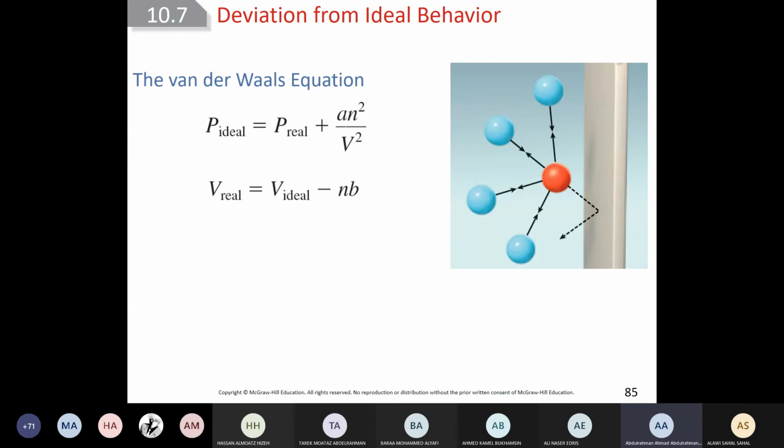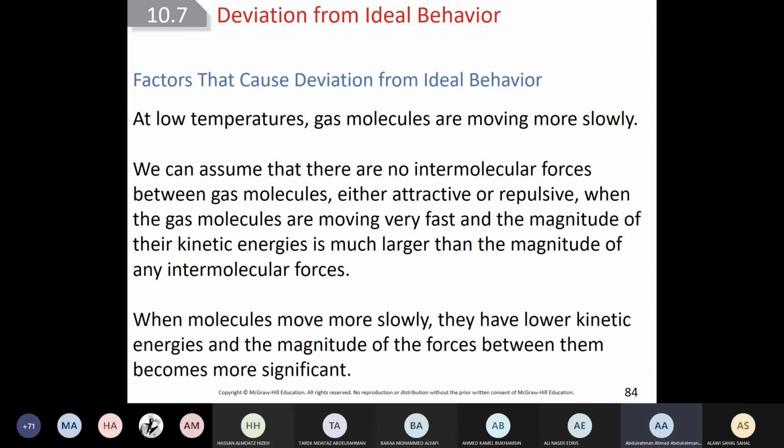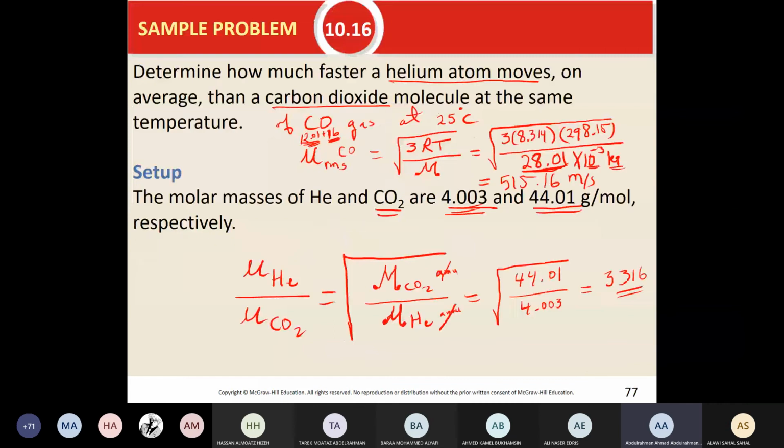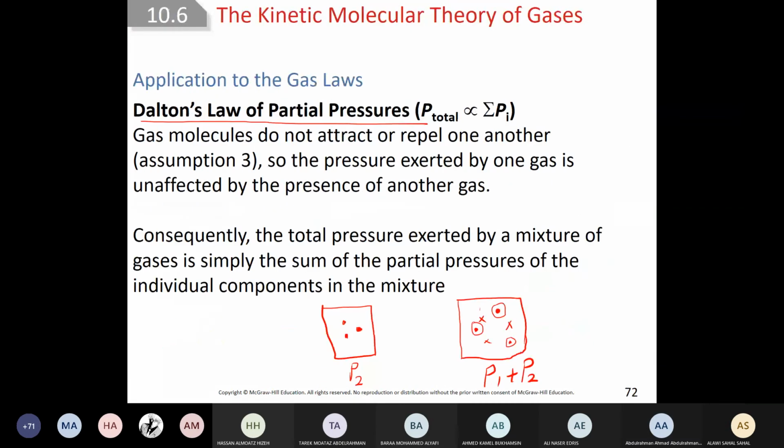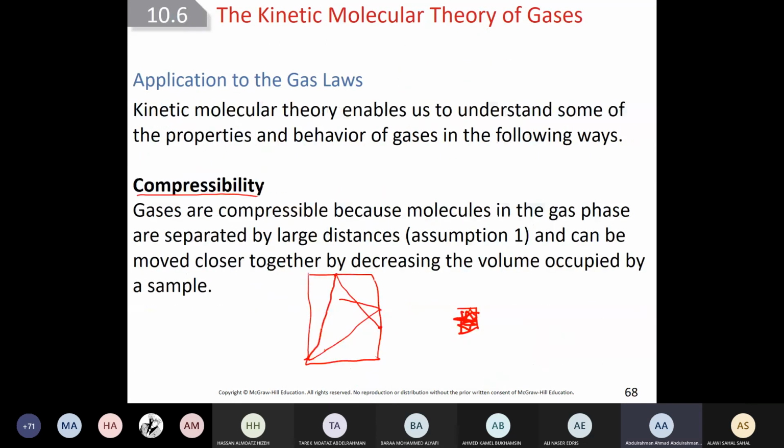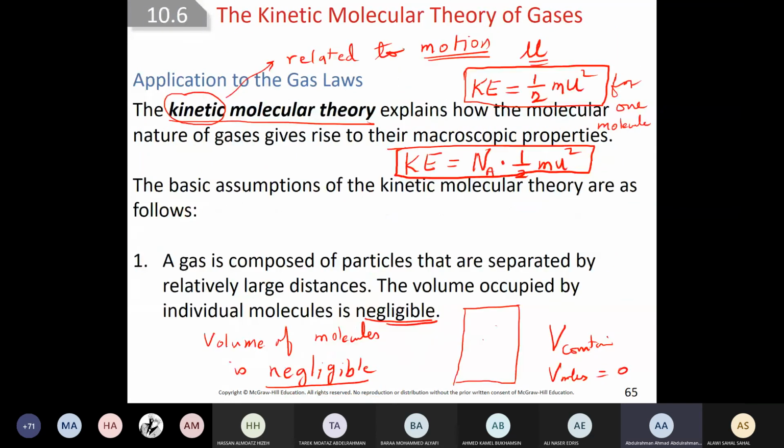The molecules will be close to each other, and if you remember, we said in the beginning that in the ideal gas law, each gas doesn't feel the other gas at all, as if it's not existing. Look at the gas here, you can see there is a small dot, but they don't feel each other.